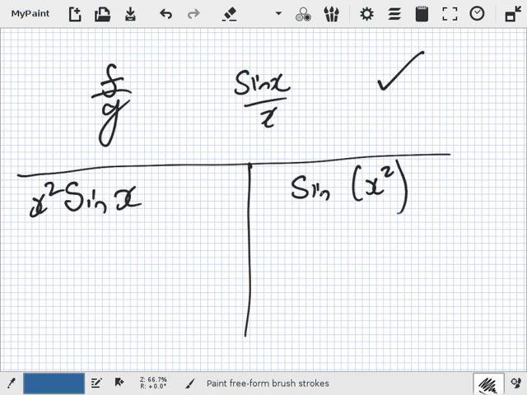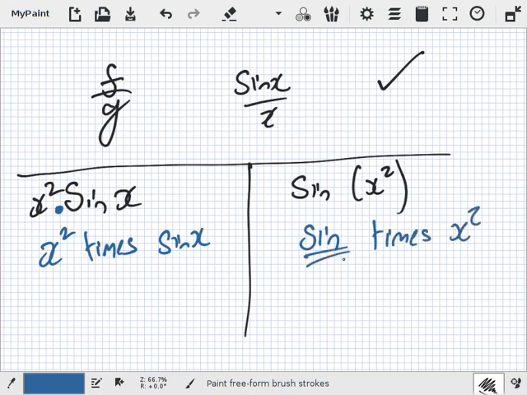I think you have the wrong word, but I think I know what you're saying. Basically, it's this. If it's the product rule, you should be able to say where the multiplication is. So here I can say the multiplication is exactly here. It's x squared times sine x. But here you don't say sine times x squared, because you can't have a sine by itself.